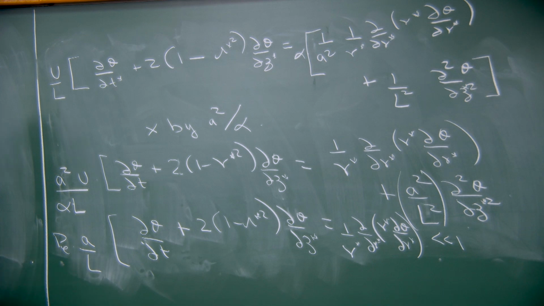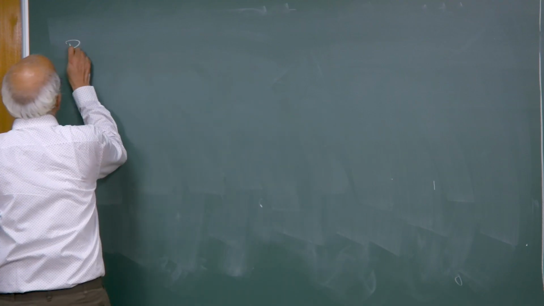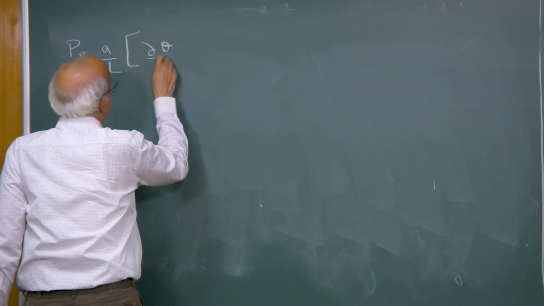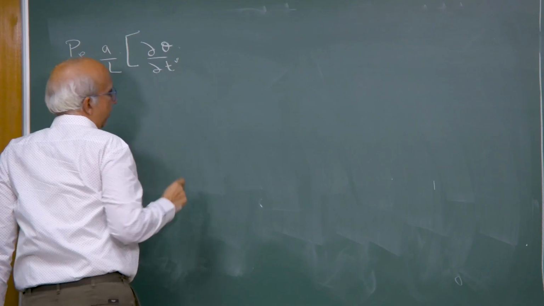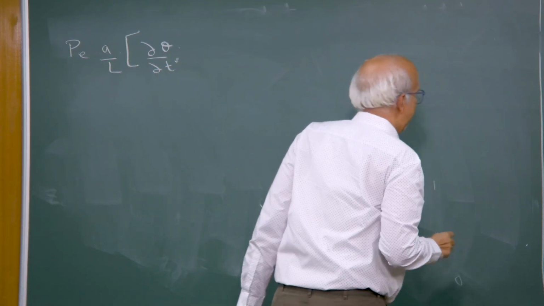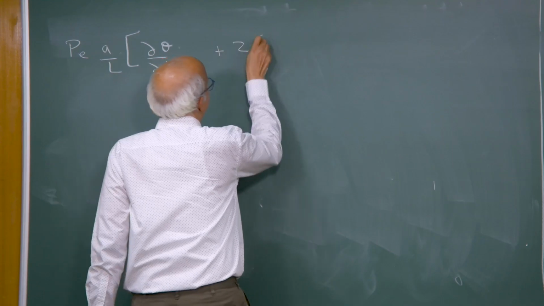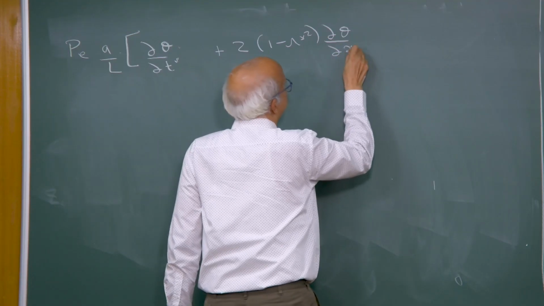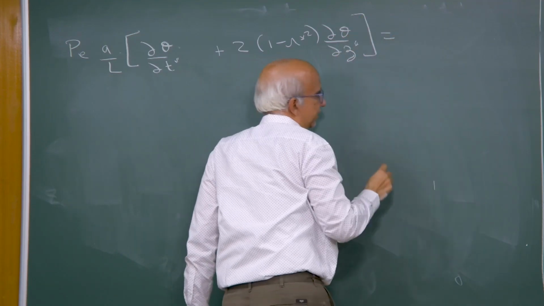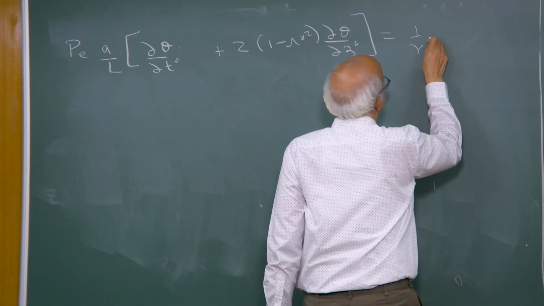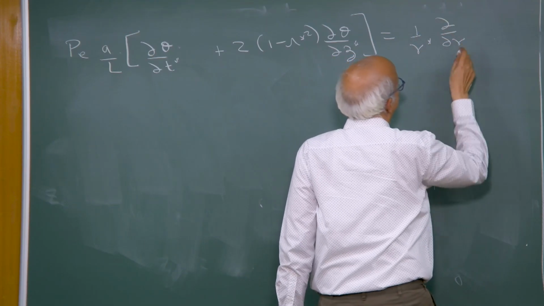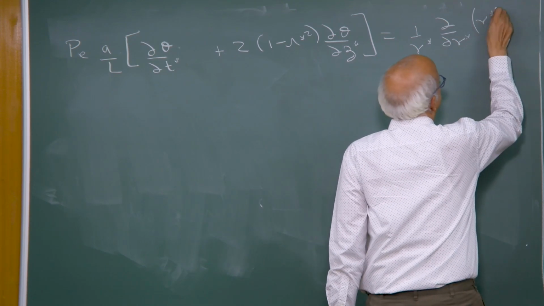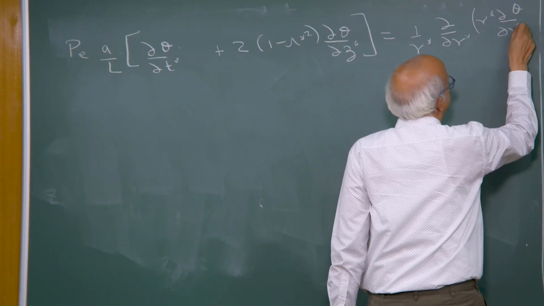So, now this is my equation: Peclet number into A by L times d theta by dt star plus 2 times 1 minus r star squared d theta by dz star equals 1 by r star d by dr. I am going to forget the stars after some time because this is getting painful to write them.